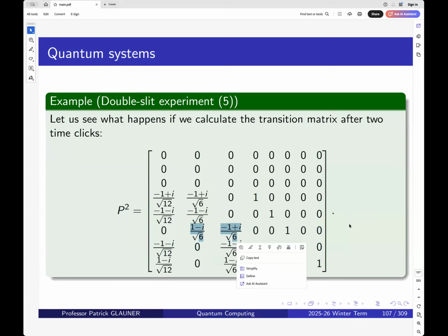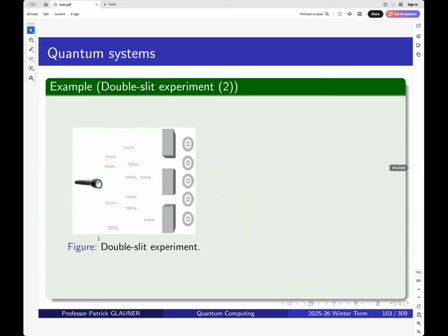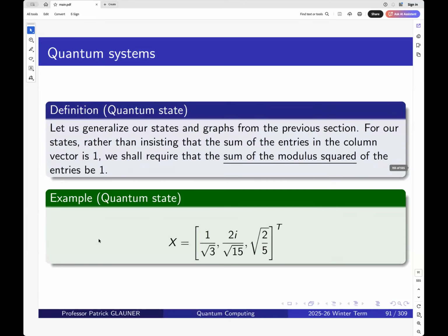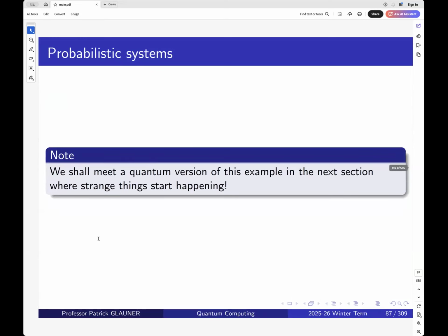Because before, when we had the probabilistic double slit experiment and we multiplied the matrix with itself, then we had two positive values here, and the outcome was later when we had our start state and multiplied it with P squared. Then we can just go back, I think, to this. Just wait a second. So we actually are on the same page.